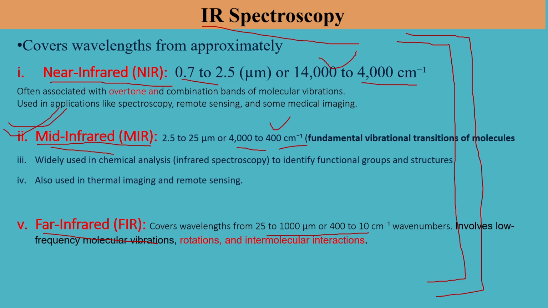In the mid IR you will definitely get the information, in the case of near IR or far IR also. What we generally use in forensic purposes is the mid IR range.